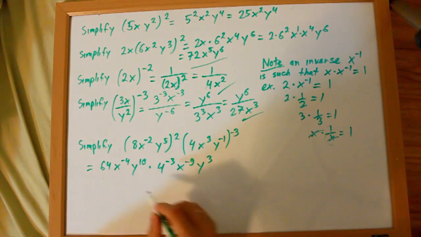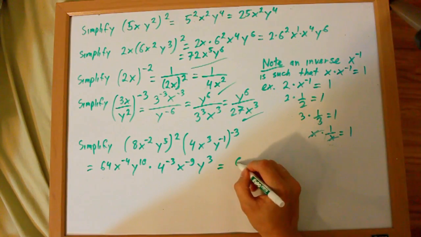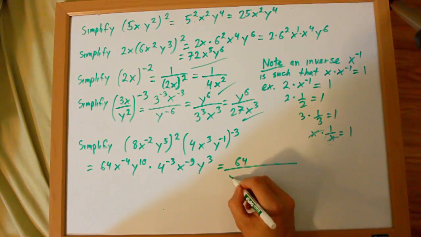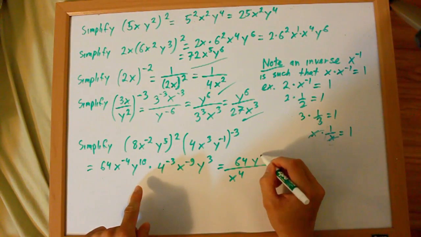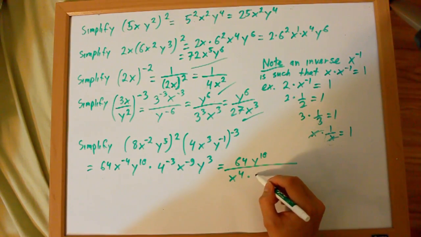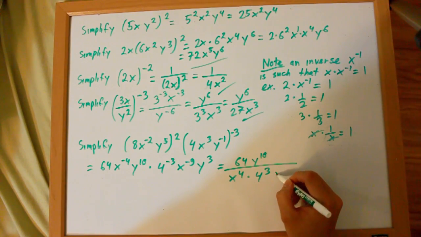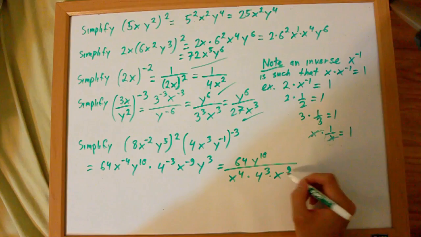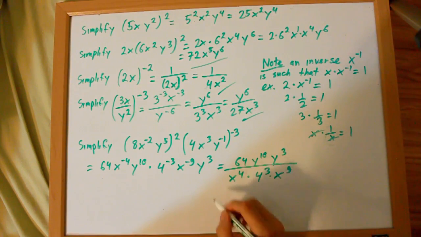So now we can do the flipping. 64 stays on top. x goes to the bottom. y stays on top. 4 to the negative 3 goes on the bottom as a positive. x to the negative 9 goes on the bottom as a positive, and y to the 3 stays on top.